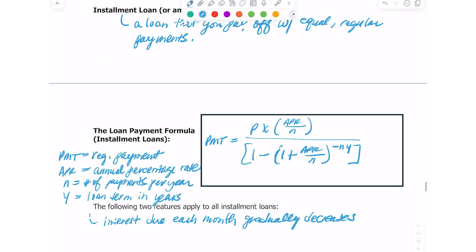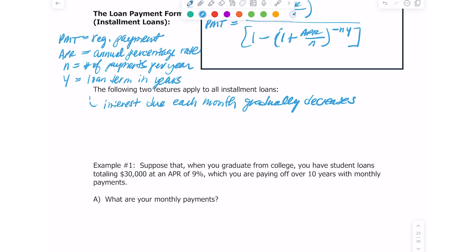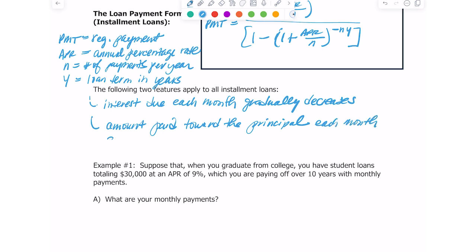The other feature is that the amount paid towards the principal each month gradually increases.